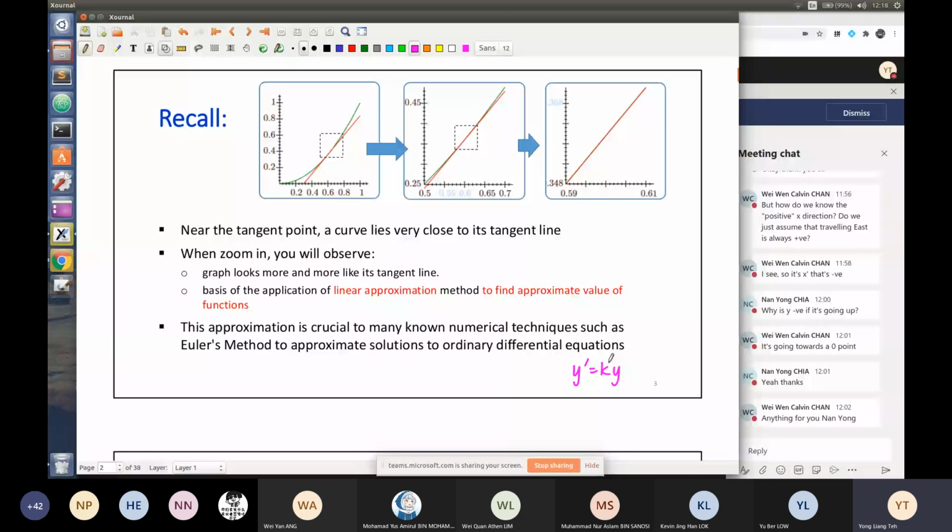This differential equation models exponential growth, so it is simple enough to be solved. But there are many differential equations that are slightly more complicated and we can't solve them exactly. So in many cases, we use numerical techniques such as Euler's method to approximate the solutions. I'll give you a quick glimpse of Euler's method later, after we understand this linear approximation.